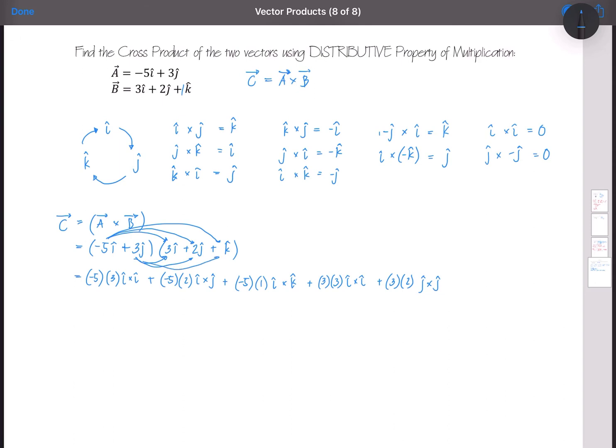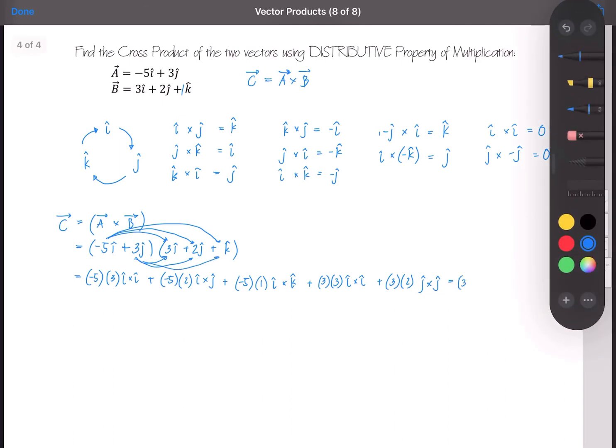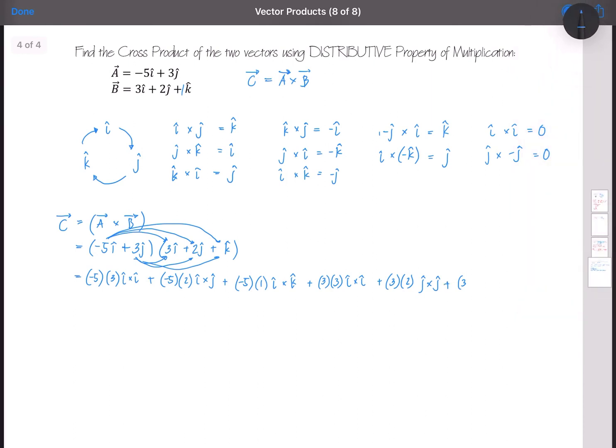And lastly, plus 3 times 1 times j hat times k hat.